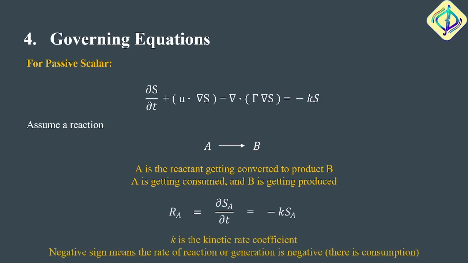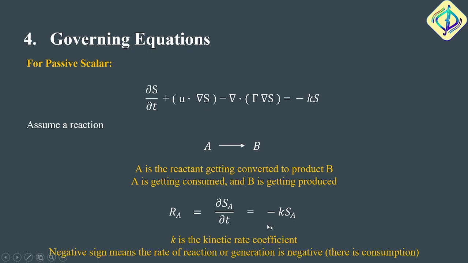So if we take the previous reaction term that we had and we put it into this equation, we get minus kSA. So in this, k is your kinetic rate coefficient, and the negative sign over here will mean that the rate of reaction or your generation is negative. So in this case it is getting consumed.